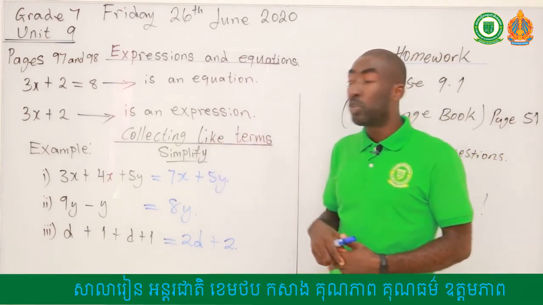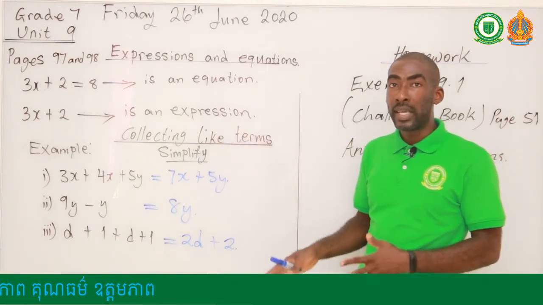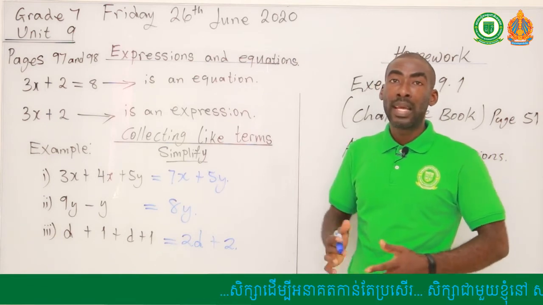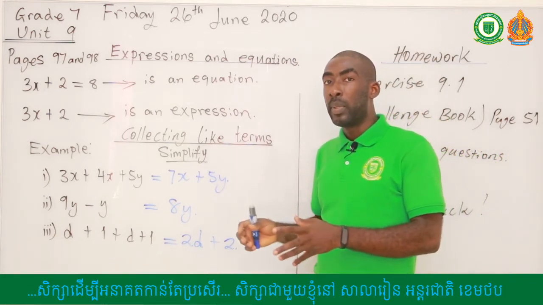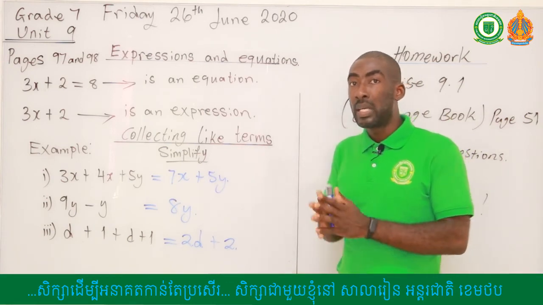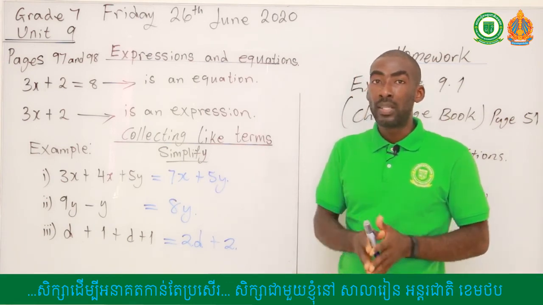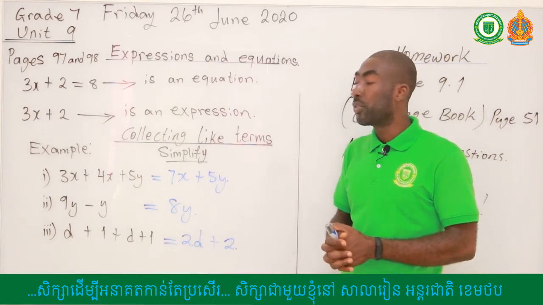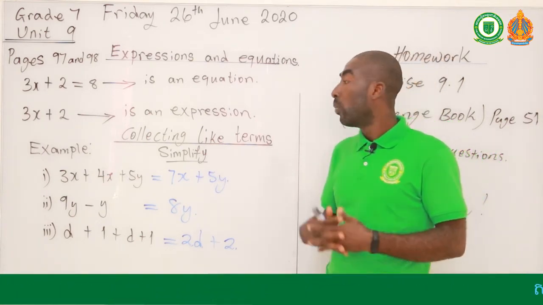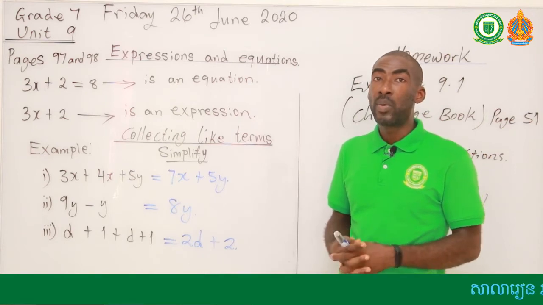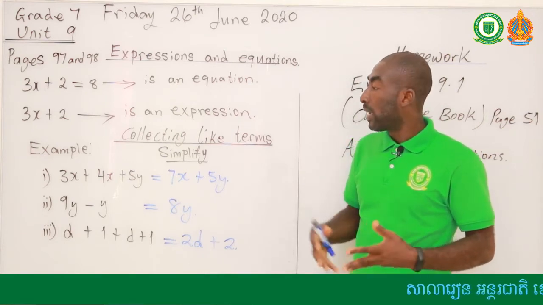Continuing, we move to collecting like terms. Whenever you hear like terms, it means that we are grouping numbers or variables with the same features in one side and then the other ones on the other side. So in the first and the second video, we did some examples about how we can simplify our expressions.